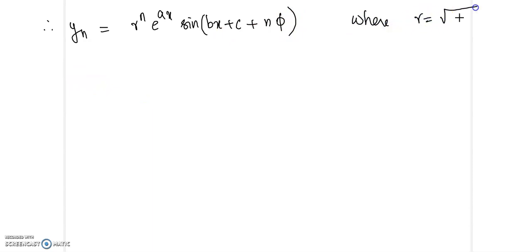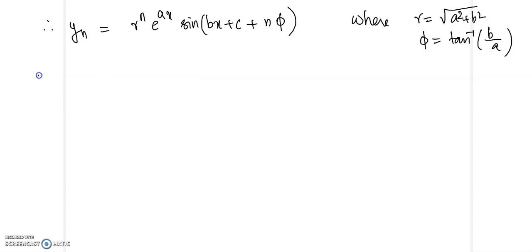So r will be root of a square plus b square and phi will be tan inverse of b by a.